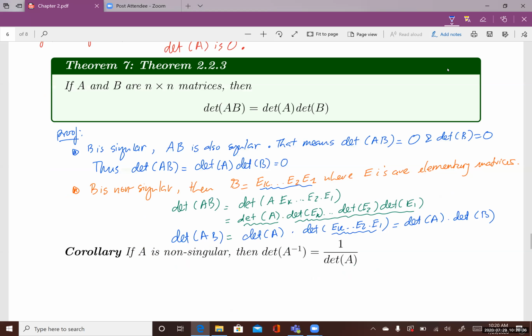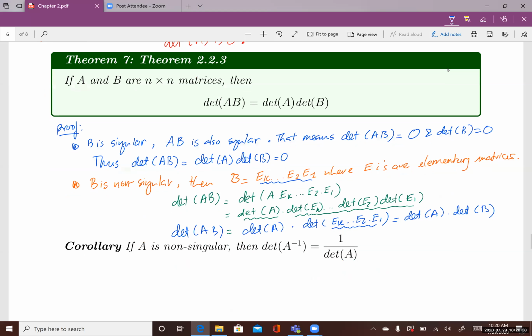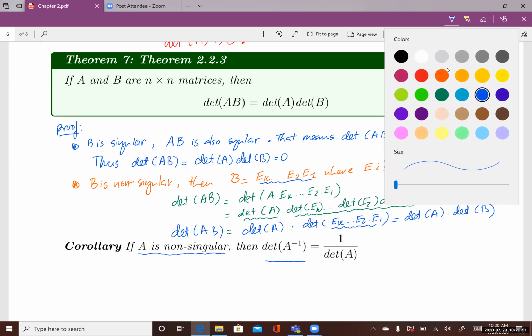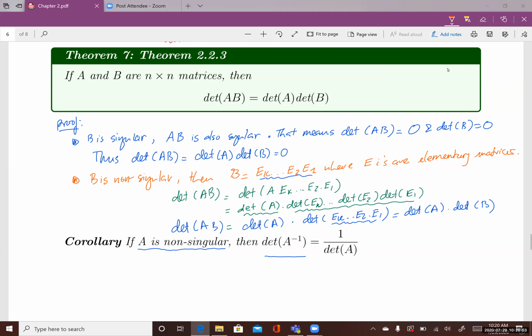And from this theorem, we can talk about this corollary. If A is non-singular, then the determinant of A inverse equals 1 over the determinant of A. Do you know why?